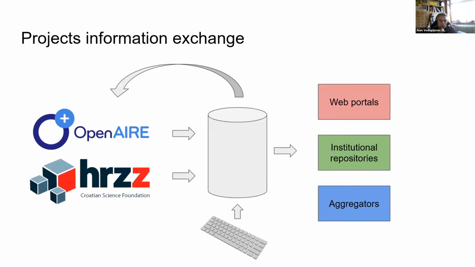One other example of this interoperability is the exchange of research project information. So the idea was to connect the project information with the publications that are results of activities in that project.